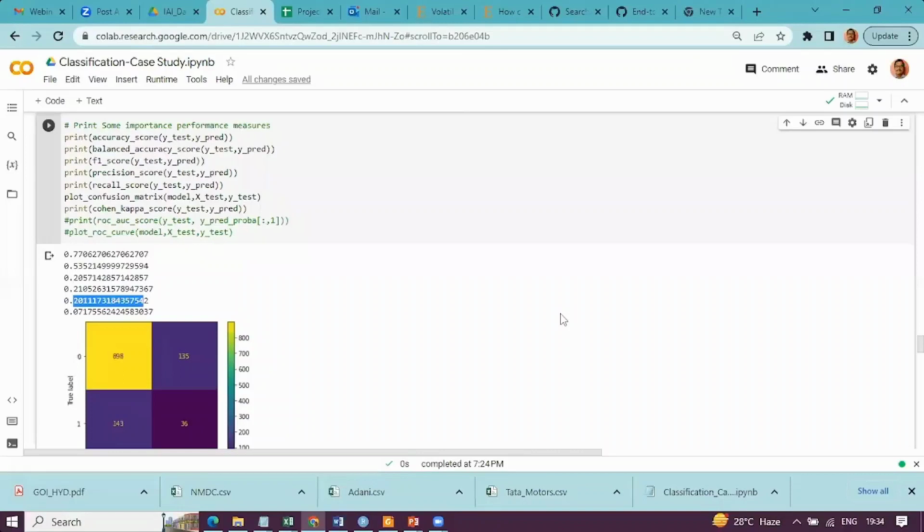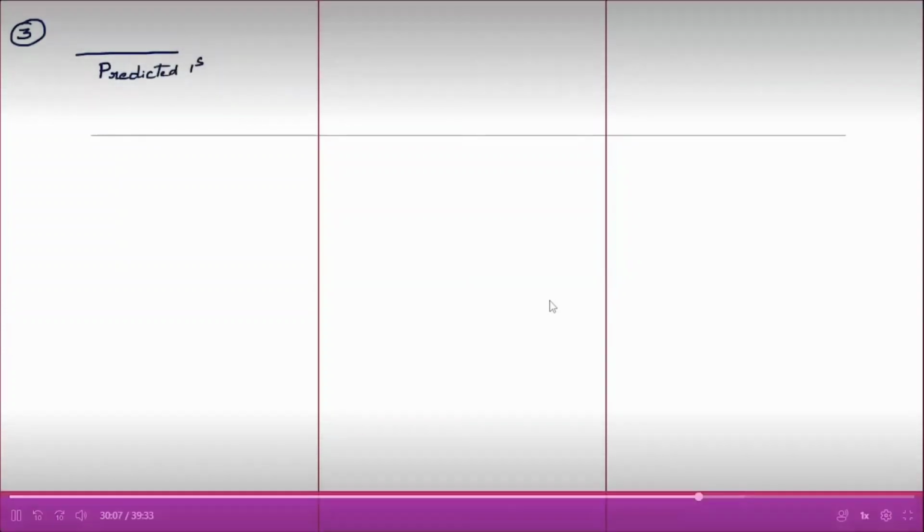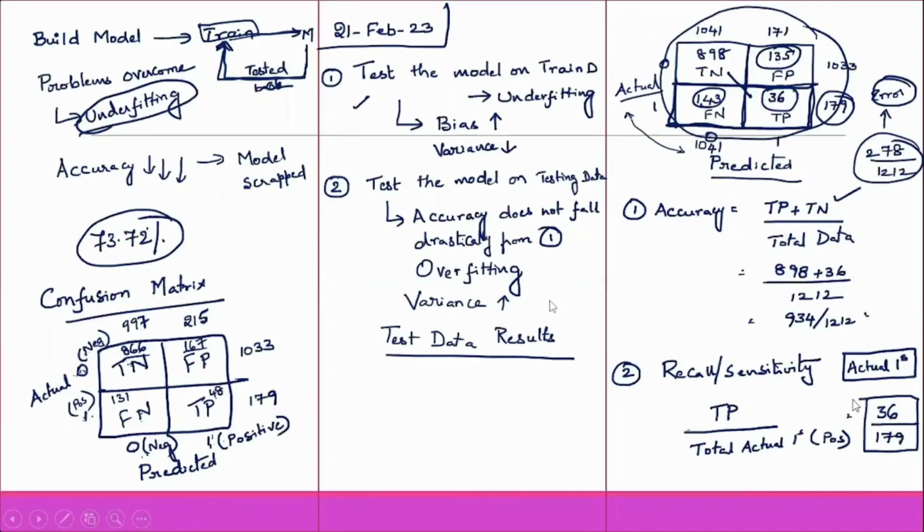Then the third metric that we are talking of is, out of the total predicted ones, how many of them have been actually correctly predicted? In the earlier case, we asked, out of the total actual ones, how many of them have been predicted correctly. Here, out of the ones that are predicted, how many of them are actually correct?